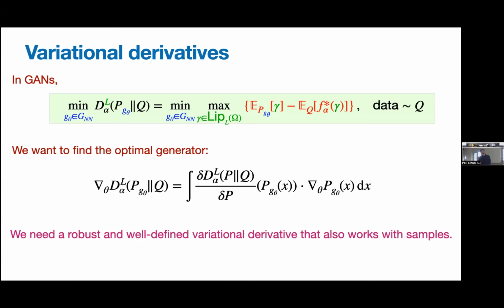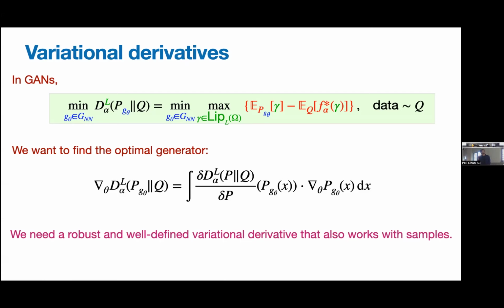GAN is really a mini-max problem, so it can be formulated this way, where gamma is taken to be the class of L-Lipschitz functions. In practice, gamma is also parameterized by neural nets. For example, you impose spectral normalization or some technique like that to ensure the Lipschitzness of the discriminator functions.